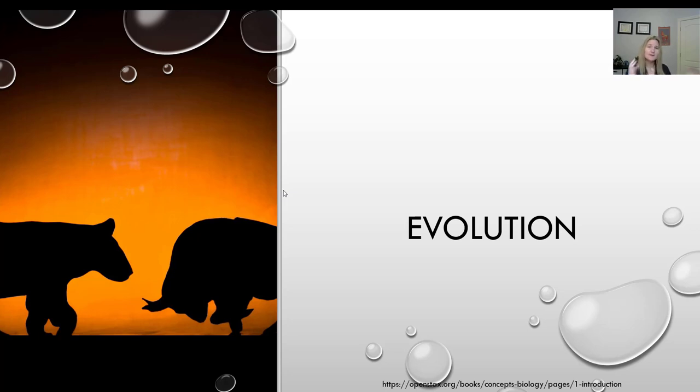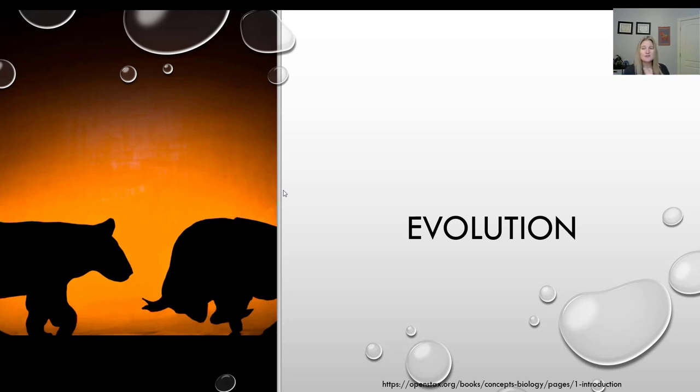And so because the environment is changing over time, the organisms also need to change over time. Now, individual organisms don't evolve, okay? So you are not going to evolve, but populations of individuals can evolve over time, so that they can become better adapted to the changing environment.